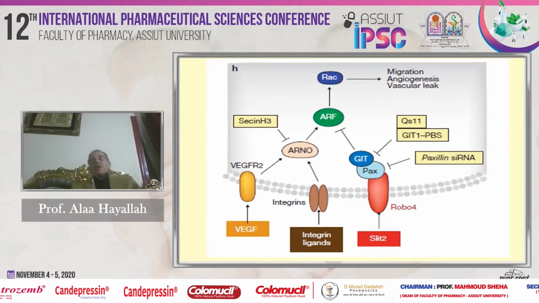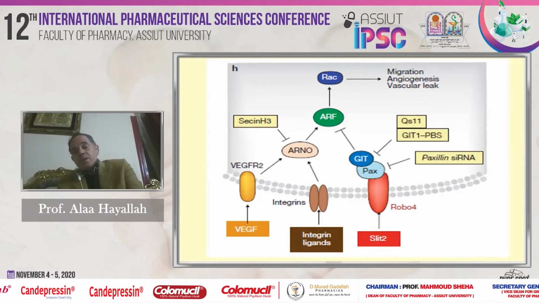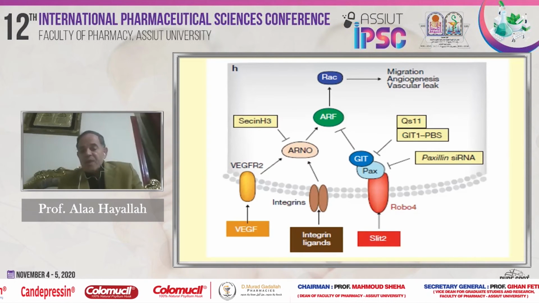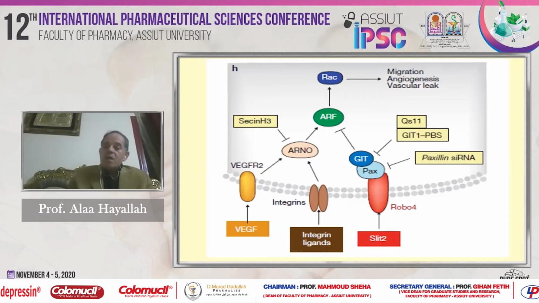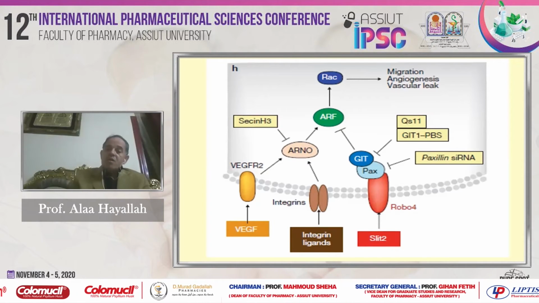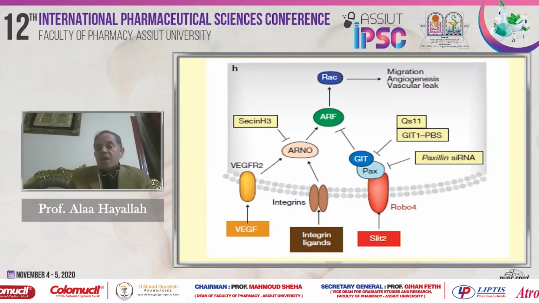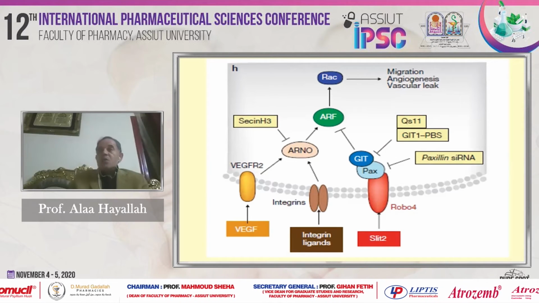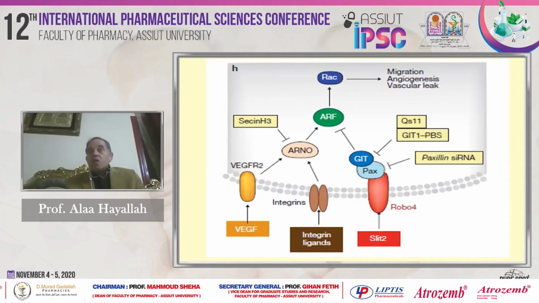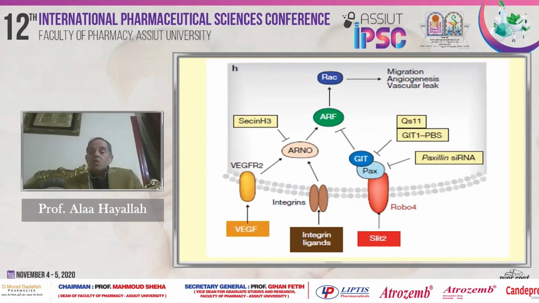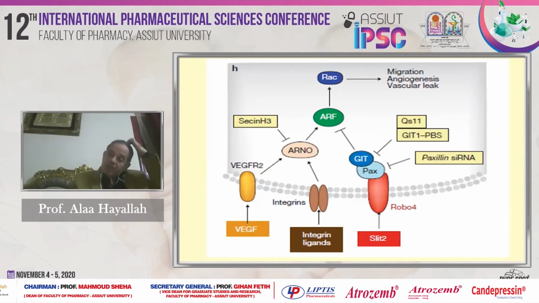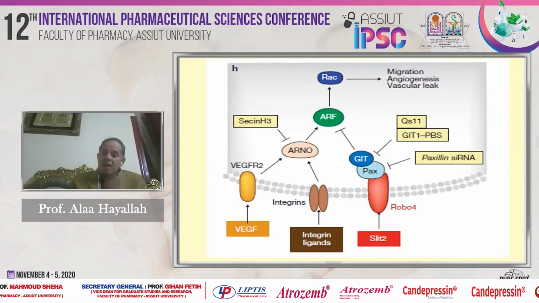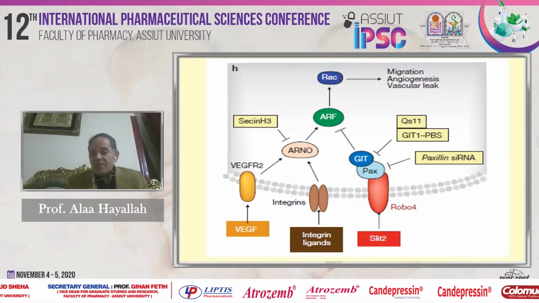In a simple way, there was some suggestion or possibility that Slit2 forms a complex with Paxillin and GIT, blocking ARF protein and RAC, which led to migration, angiogenesis and vascular leak. But there was no evidence about this matter. So our partners in San Diego and Florida sought a reagent to prove that the block of ARF6 and RAC led to migration, angiogenesis and vascular leak.